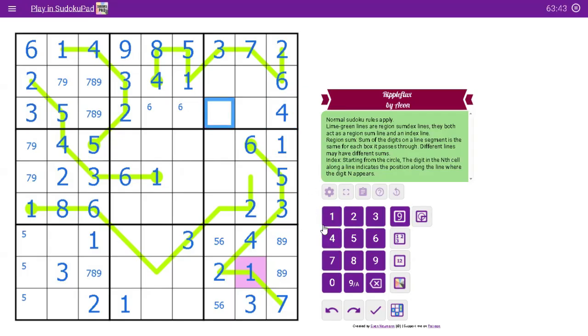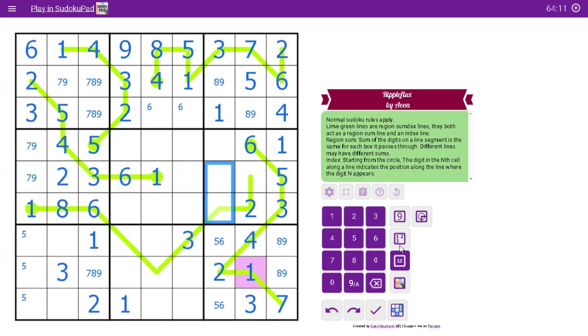A 1 by Sudoku's there, a 5, an 8, and a 9. 5 is here. The 8 and the 9 are like this.